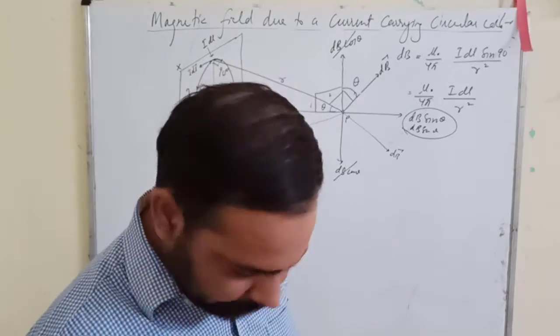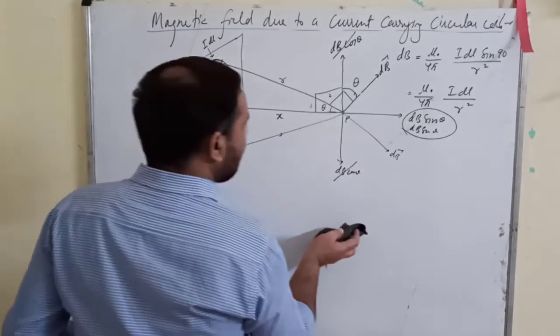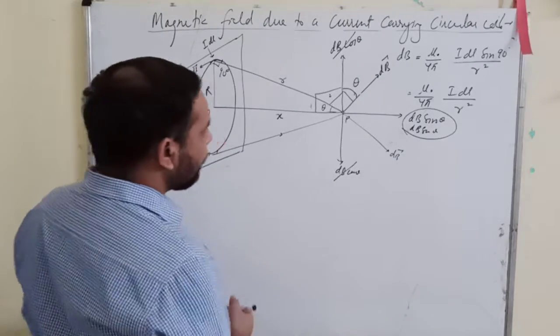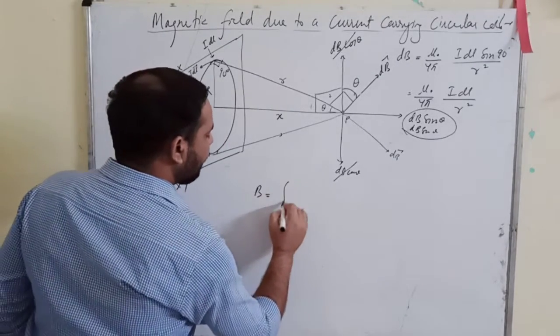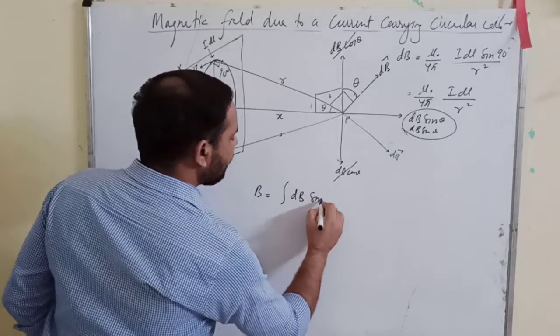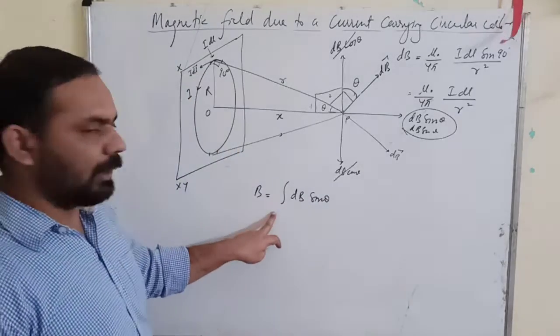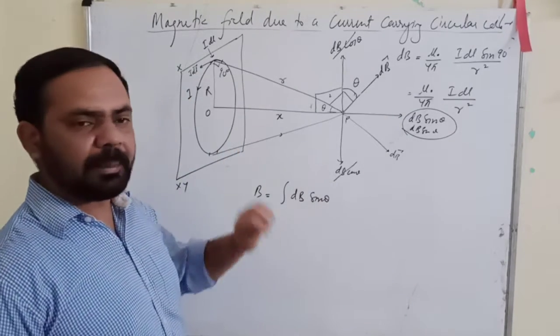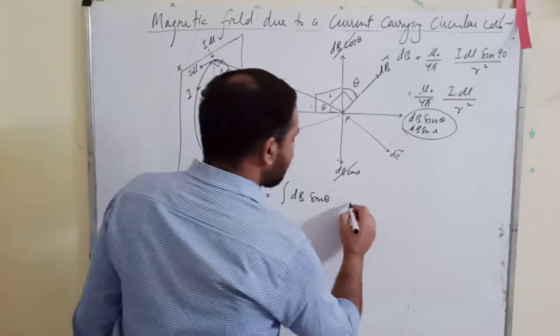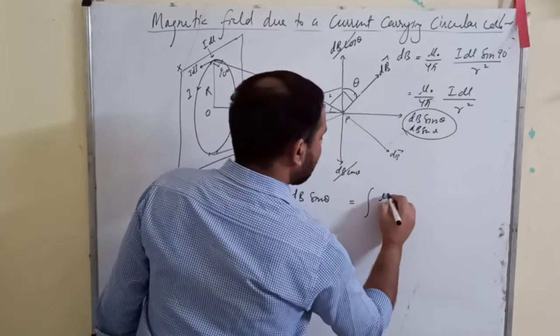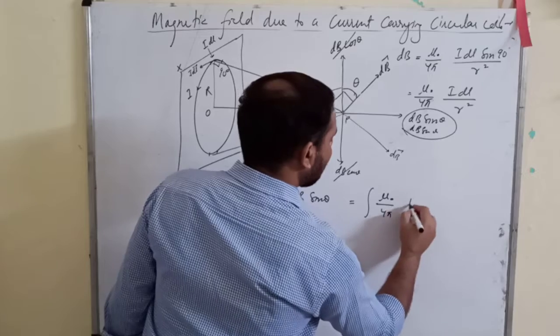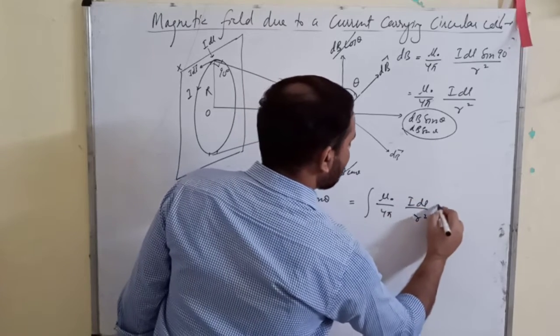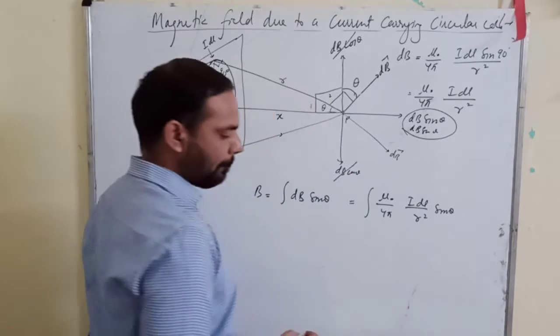So what is the value of B? It is the integration of all the dB sin theta. Now how much is dB? This is equal to mu naught upon 4 pi I dl upon r square sin theta.